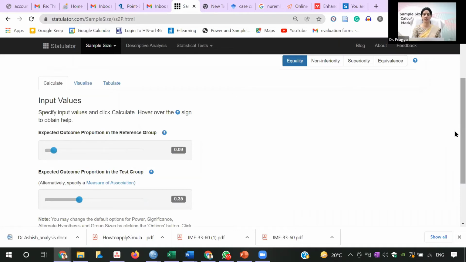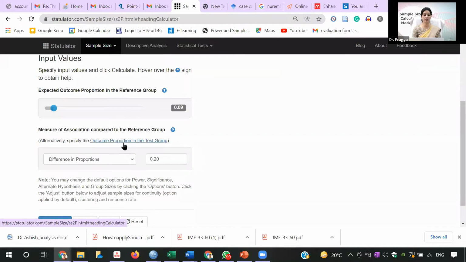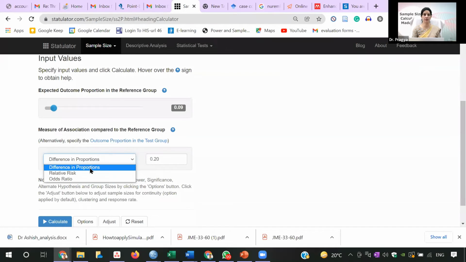In the second case, you can either enter a second proportion, or if you click on the measure of association drop down, you can have the difference in proportion, relative risk, or odds ratio. We will use the relative risk option when we do the sample size calculation for odds ratio, because there it is the same formula, only we use relative risk instead of odds ratio.